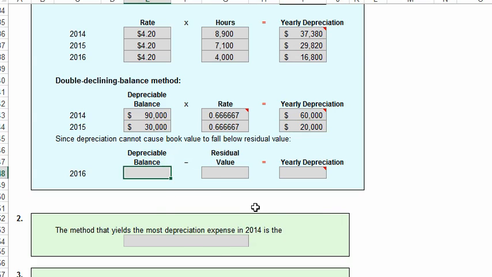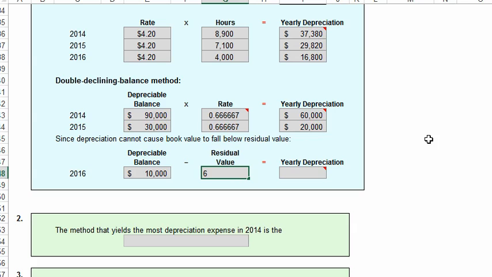So our depreciable balance is going to be equal to our original cost, $90,000, minus depreciation from year 1, $60,000, minus depreciation from year 2, $20,000, and that equals $10,000 left to be depreciated. We can't depreciate it though below its residual value.